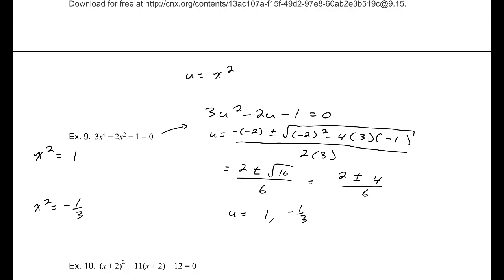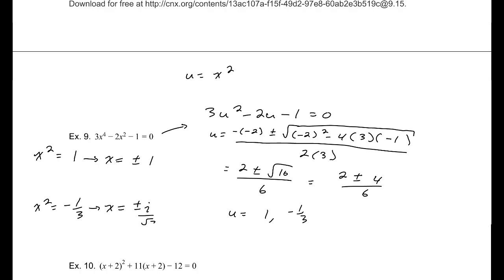Alright, well, solving the first equation, we see that x equals plus or minus 1. In the second equation, x equals plus or minus i, and the square root of 1/3 is 1 over square root of 3.